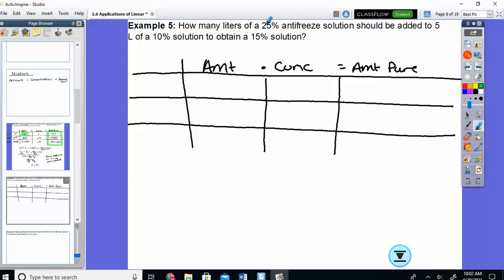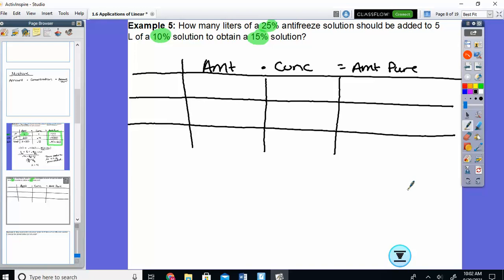One hint I want to give you, even without reading the problem, you should be able to look at these percents and know which ones are the ones you're mixing together and which one's the total. You will always mix your highest and lowest concentration to get something in the middle. I can't mix something that's 5% and something that's 10% and get a 30%.